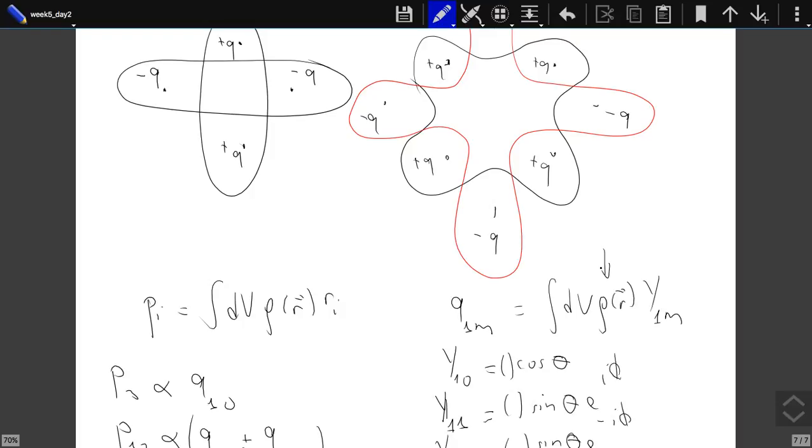But for a generic case, the Q_lm will be non-zero, and non-real. And since they are not real numbers, they are not equal to their absolute value, or their real part is not equal to their absolute value.